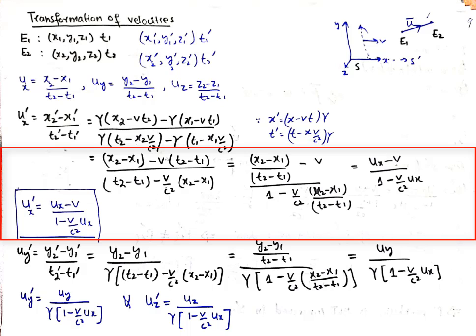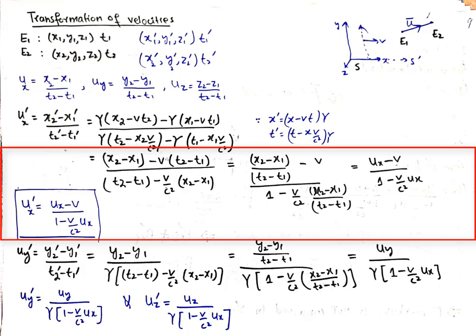Therefore in the denominator we will have 1 minus v by c squared times (x2 minus x1) divided by (t2 minus t1). But what are these quantities? These quantities are by definition the x component of velocity in the S frame. So therefore I can write ux prime equals ux minus v divided by 1 minus v by c squared ux. So now this is our expression which we have obtained.